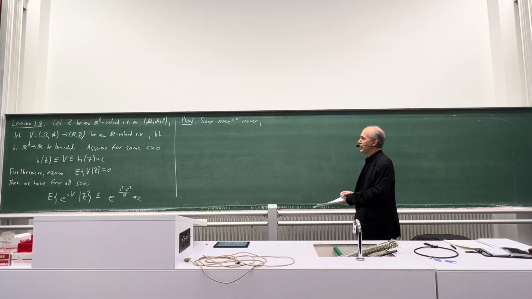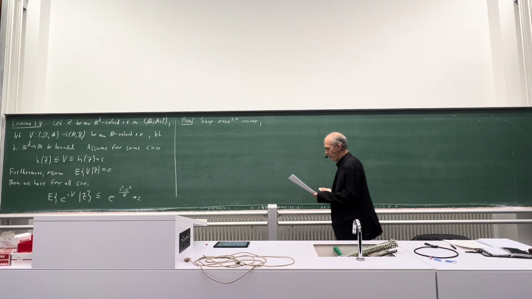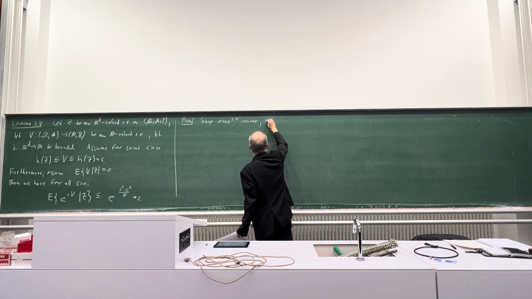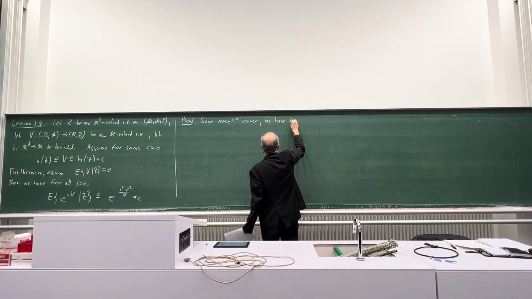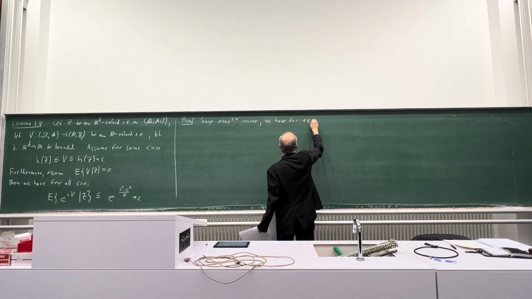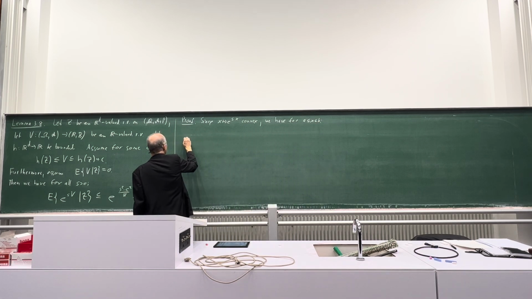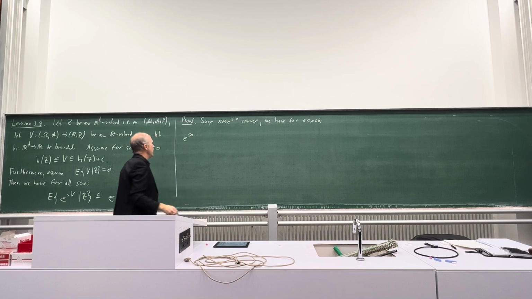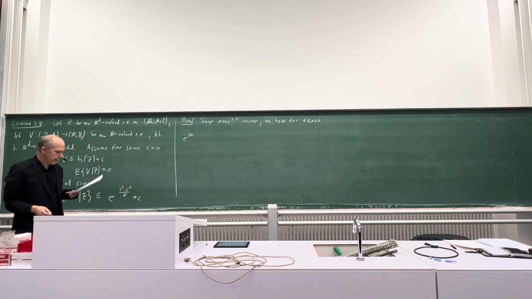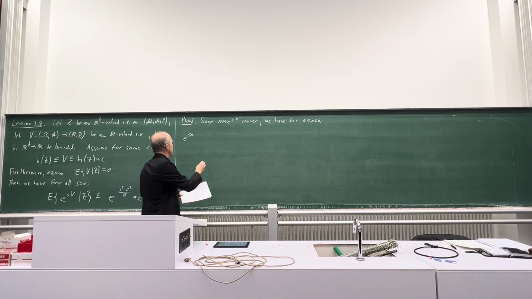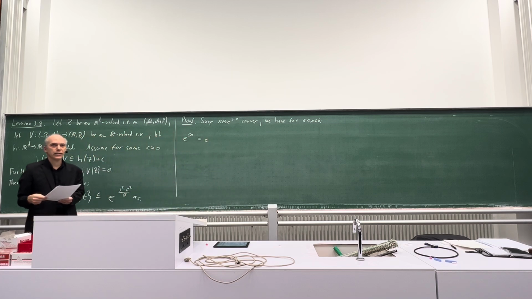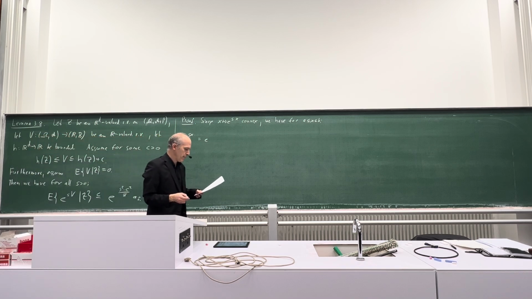And now I consider the case that x lies between a and b, so a is less than or equal to x is less than or equal to b. I look at e to the power s times x, and I rewrite this s times x in a complicated way as a convex combination of s times b and s times a.